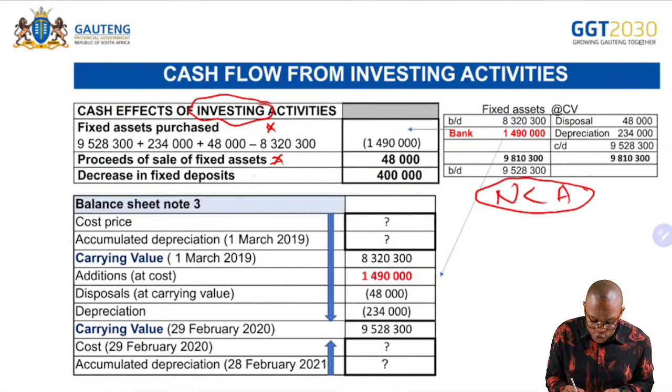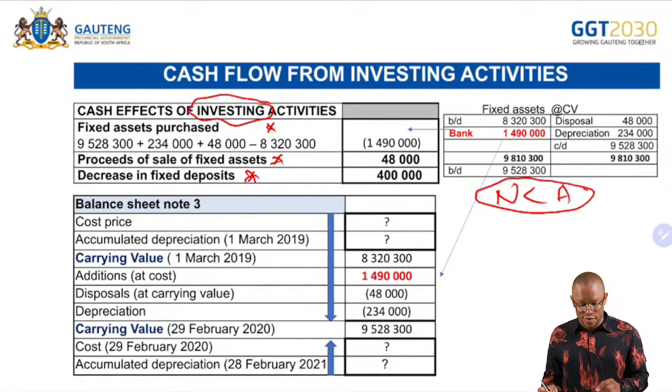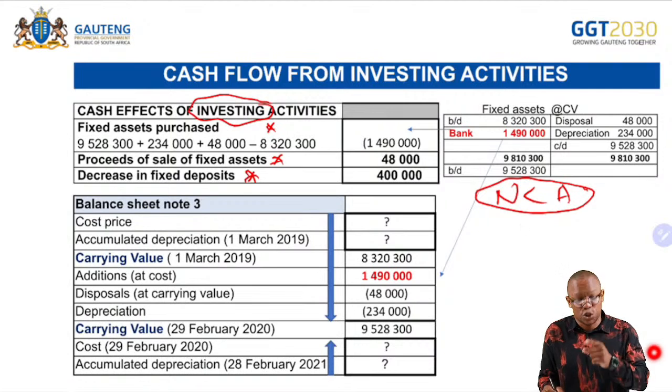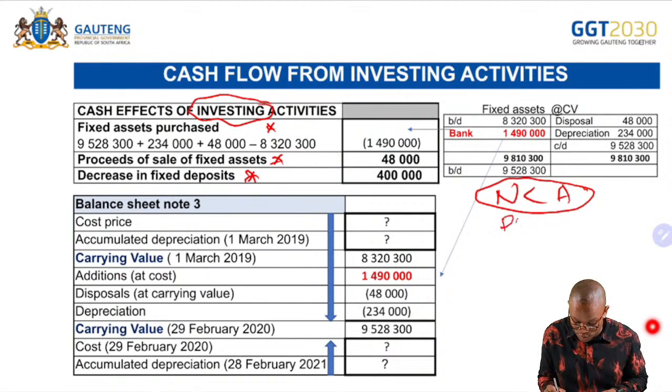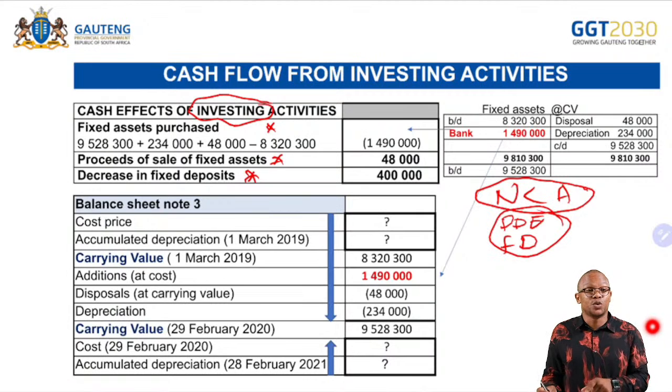But now your fixed deposit, that is your financial assets. So remember, the two make your non-current assets: your property, plant and equipment as well as your fixed deposit. So these two are the ones that make your cash flow from investing activities. I hope it makes sense, Mense.